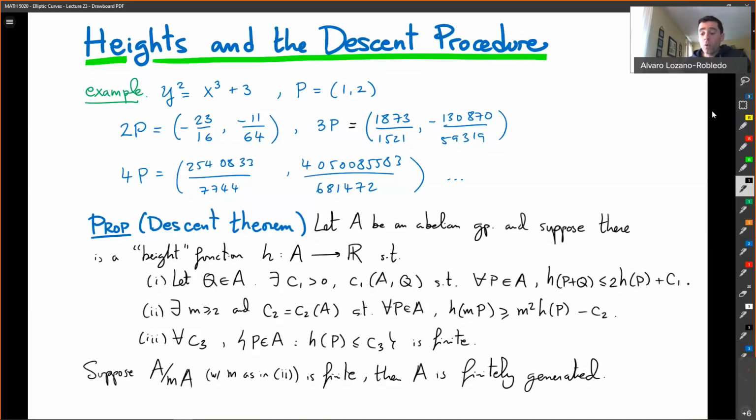And property 1 just says that when you fix a Q, it doesn't matter what P you choose. There are no weird interactions between Q and some primes where the height of P plus Q is very large compared to the height of 2P, or compared to the height of P. It doesn't interact weirdly for any given point. It doesn't alter the height in weird ways.